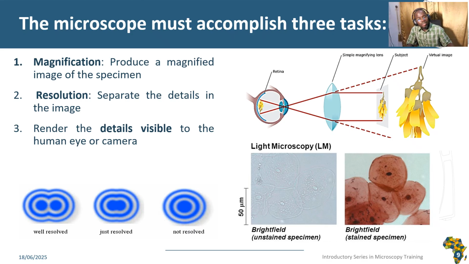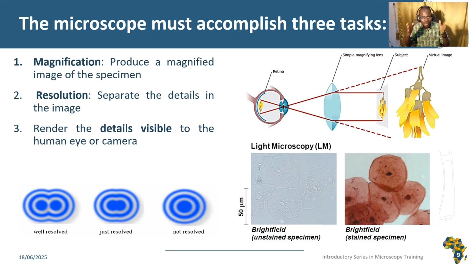Contrast is the ability to see differences in color intensity between different parts of a specimen and its background. This is important because biological specimens are often transparent. That is, without contrast, they appear unclear or invisible even under the microscope. In simple terms, contrast is the key to visibility in microscopy.